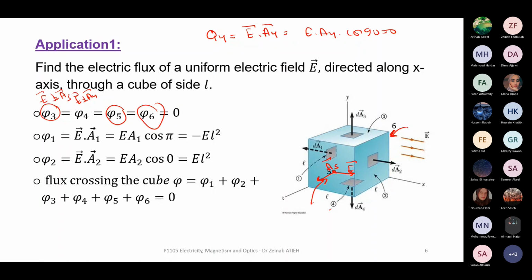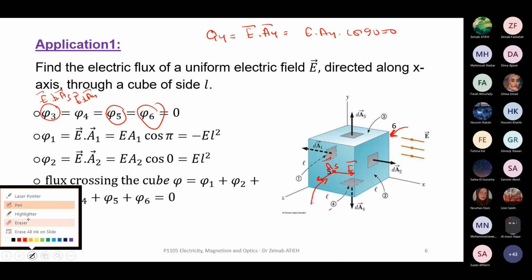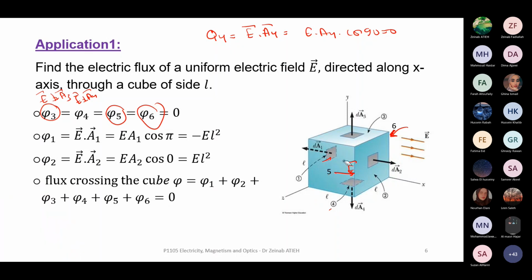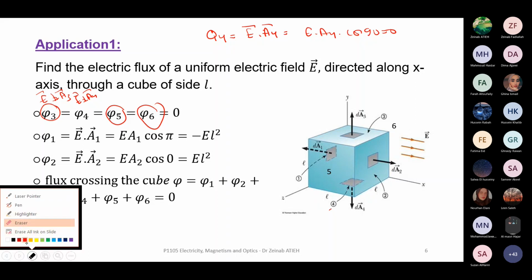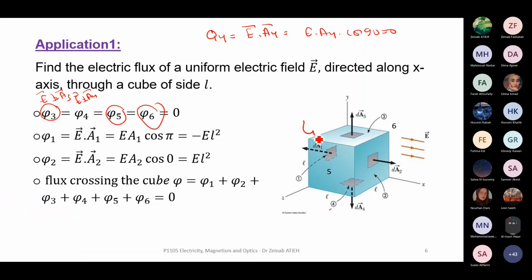Let's go back to find the electric flux crossing 1. Where's 1? 1 is the surface that we can also see. I hope you can imagine it. It's found here. This is the surface that we can't see from this side, this is 1. Okay, so if I want to draw dA, it is drawn like this, dA1 or A1. A1 is the whole area, and its vector is the same. It's a flat area, so nothing will change.